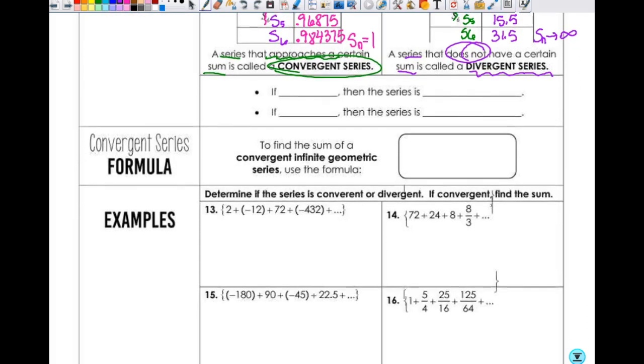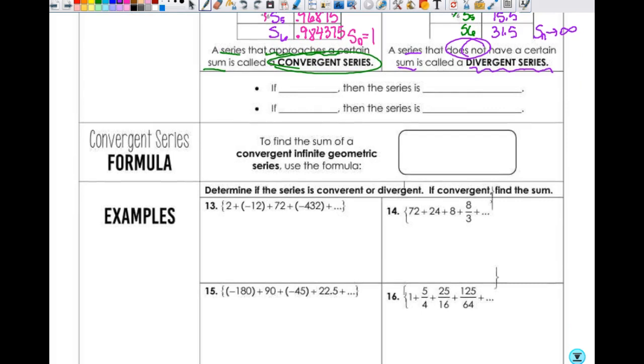And it's easy to tell: if the absolute value of r is less than 1, it is convergent and we can find the sum. If the absolute value of r is greater than 1, it is divergent, and we can't.